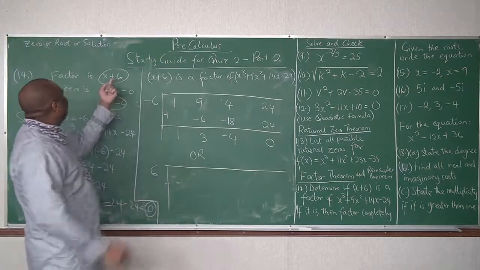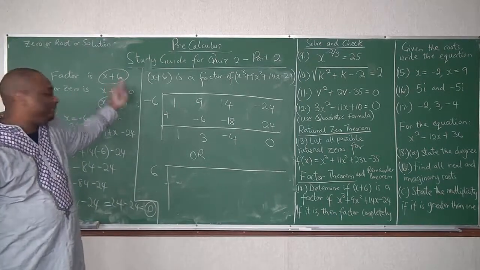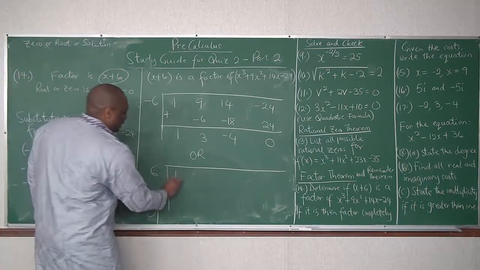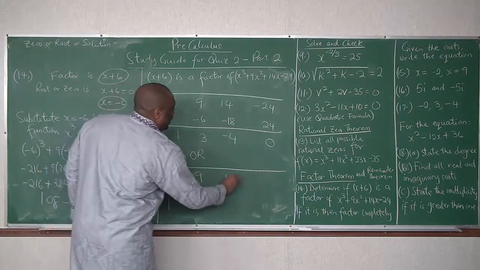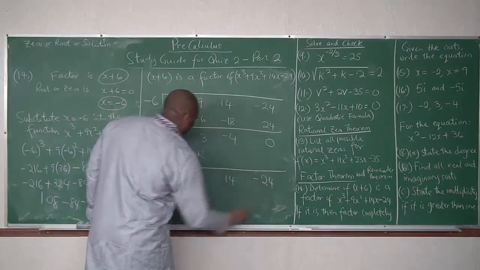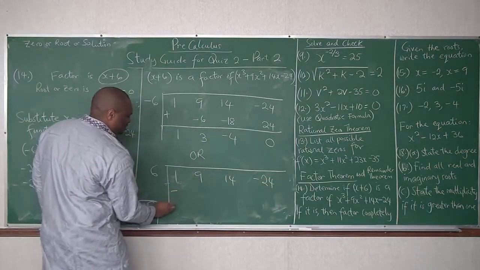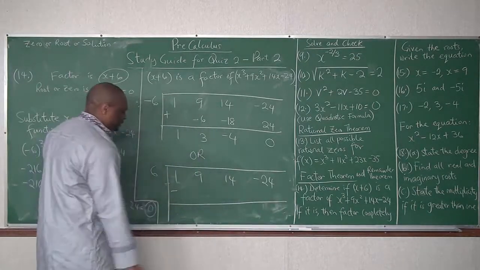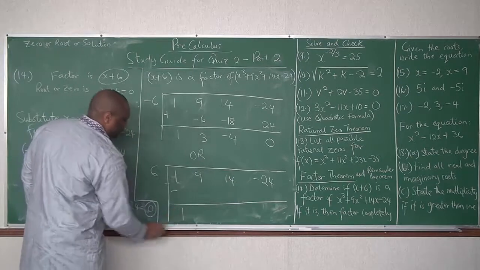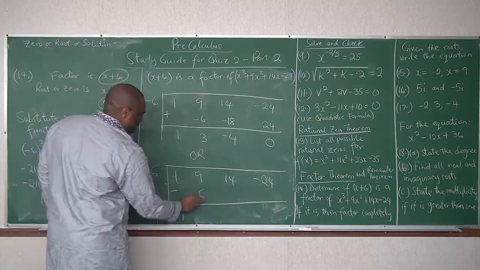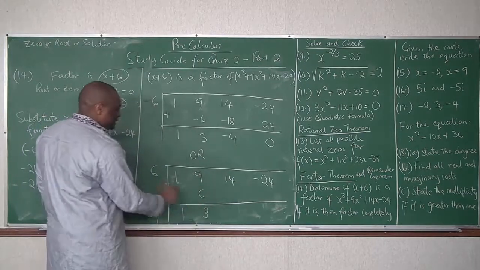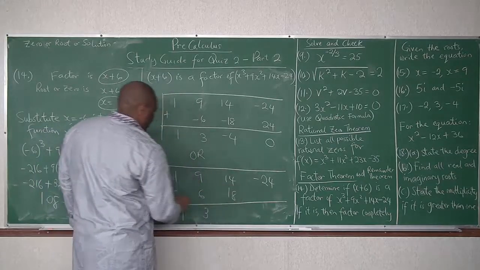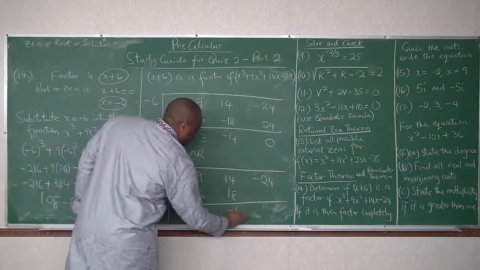If you're using the constant term of the factor, 6, then in this case you will have to subtract. Division is repeated subtraction. You can argue that. Okay, 6 times 1 is 6. 9 minus 6 is 3. 6 times 3 is 18. 14 minus 18 is minus 4.